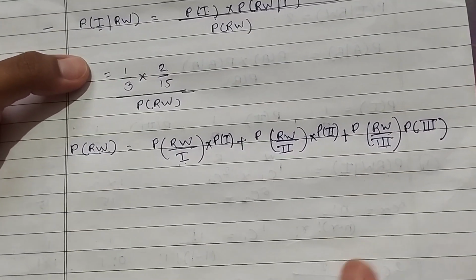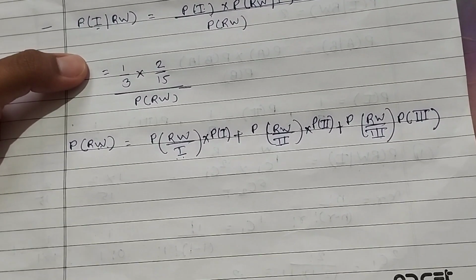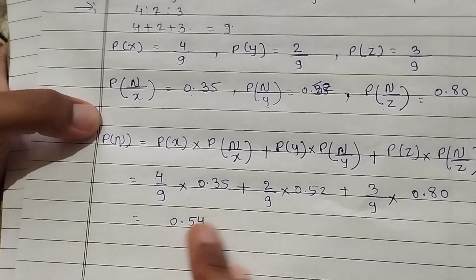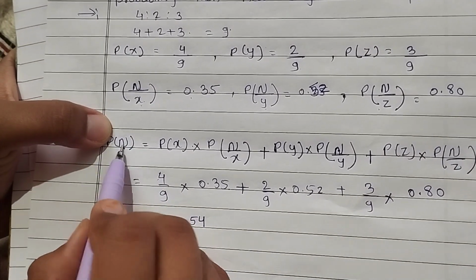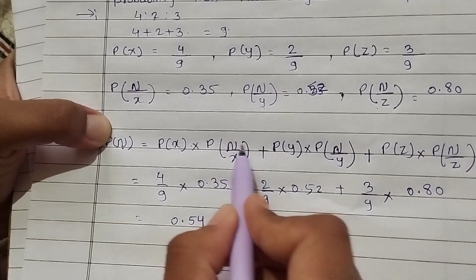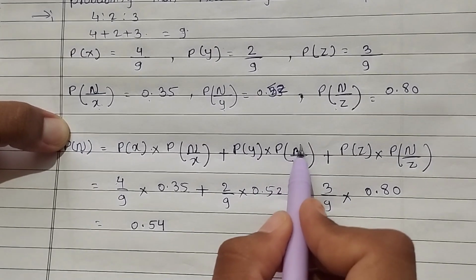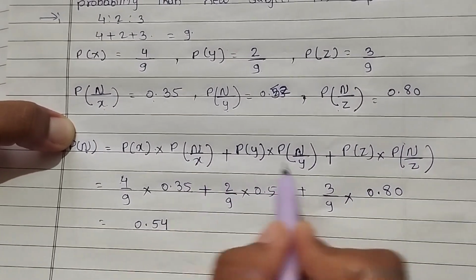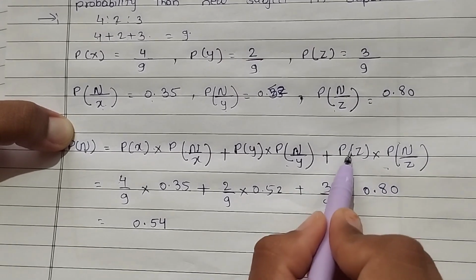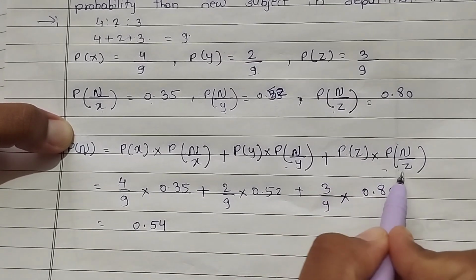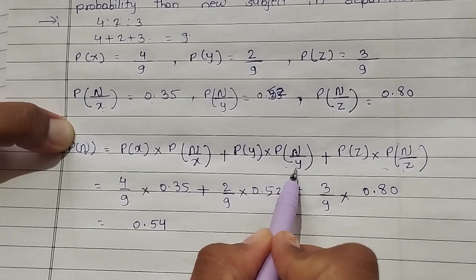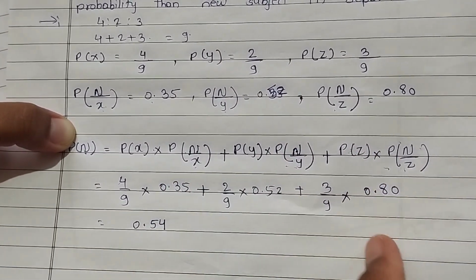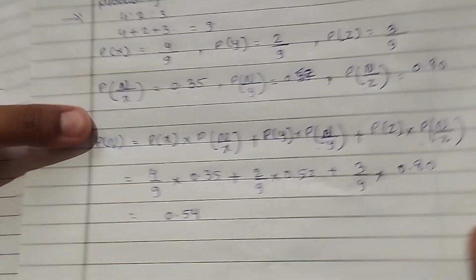And what we do in the first numerical itself, same things. If you observe carefully, we want to find out probability of n. So n is present in each numerator, and with respect to x, y, z, we only multiply each probability with respect to that n. So like this I remember the formula, you also try, it is simple.